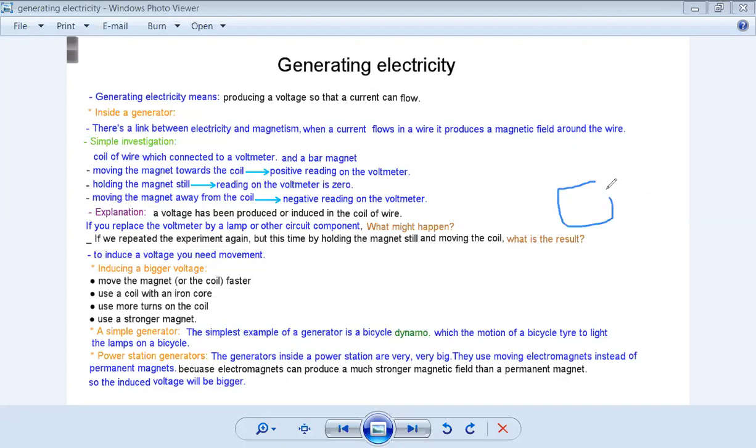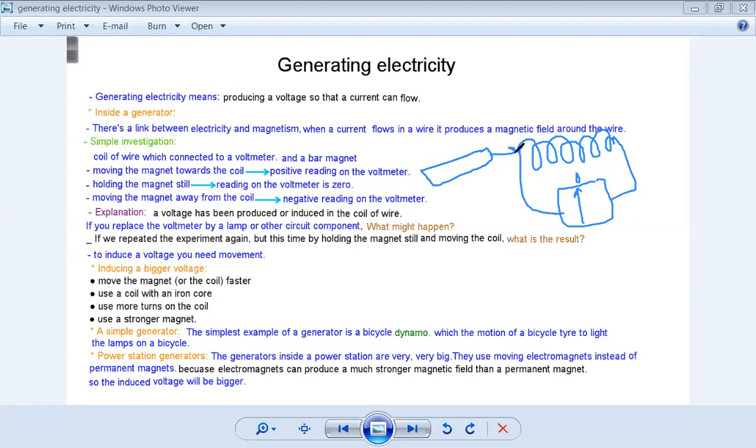So if we have the voltmeter on 0 here, okay, and we connect this voltmeter with a coil of wire, and we have a bar magnet in our hand, okay?